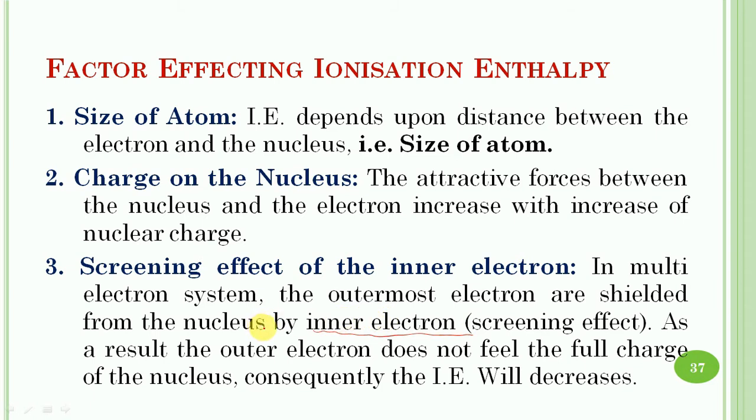As a result of this, the outer electron does not feel the full charge of the nucleus, and consequently the ionization energy of the element decreases. So we can say that the ionization enthalpy will decrease as the screening constant of the inner electrons increases.